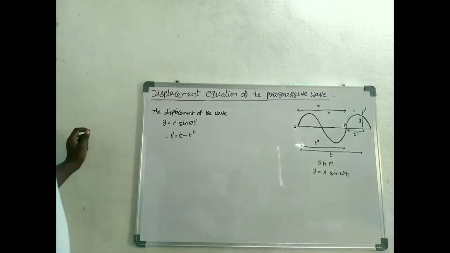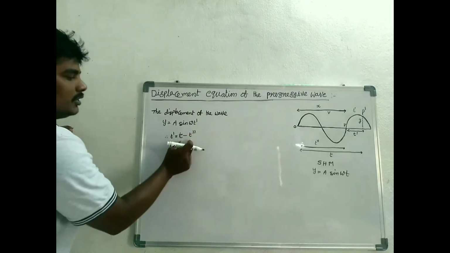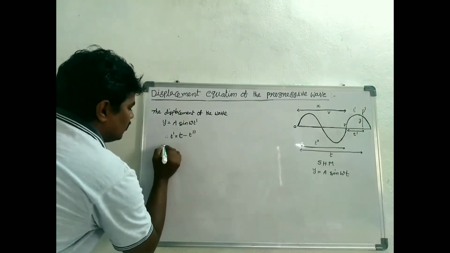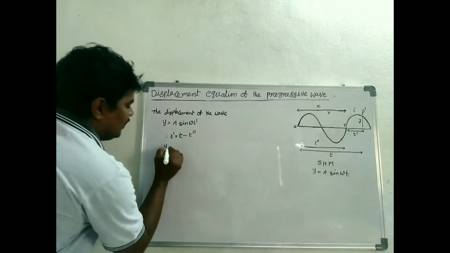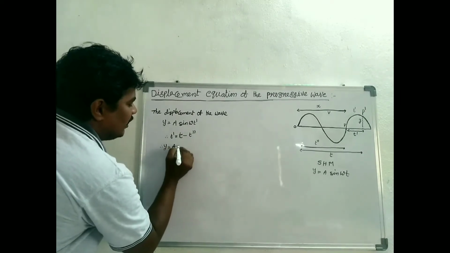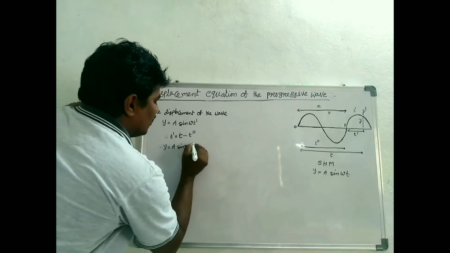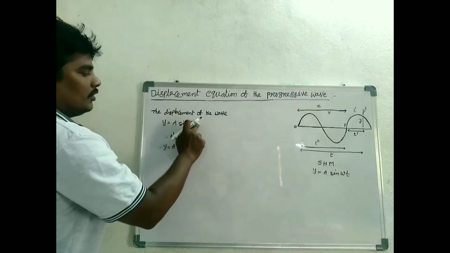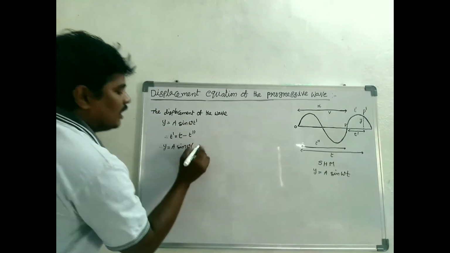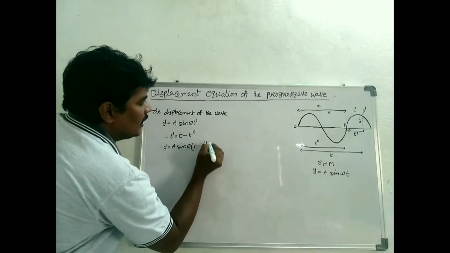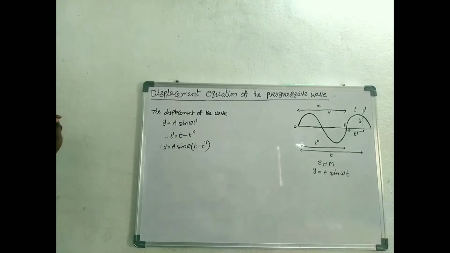We substitute this value in this formula. Therefore, we get y equals a sin omega into, instead of t dash, I write t minus t double dash.